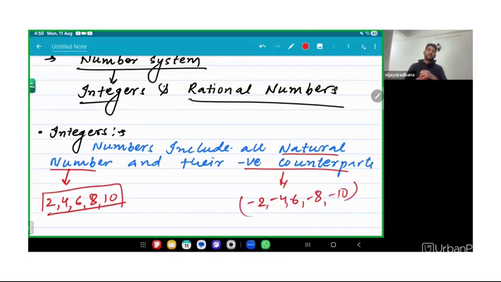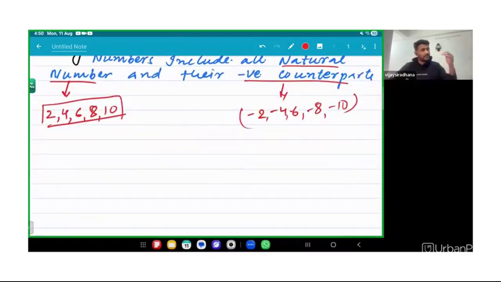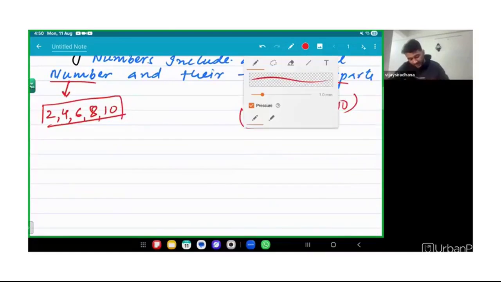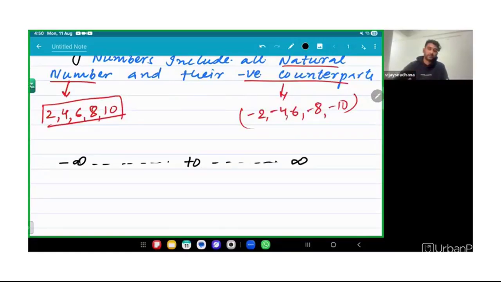So these are the negative counterparts. Now, the integers start from negative infinity and go on to positive infinity.